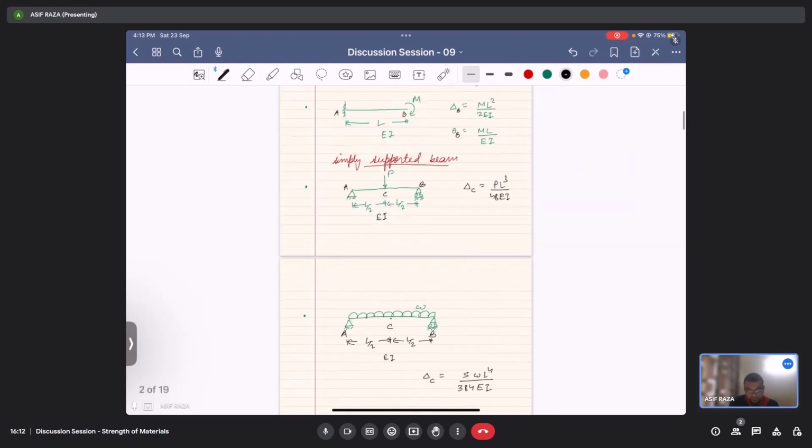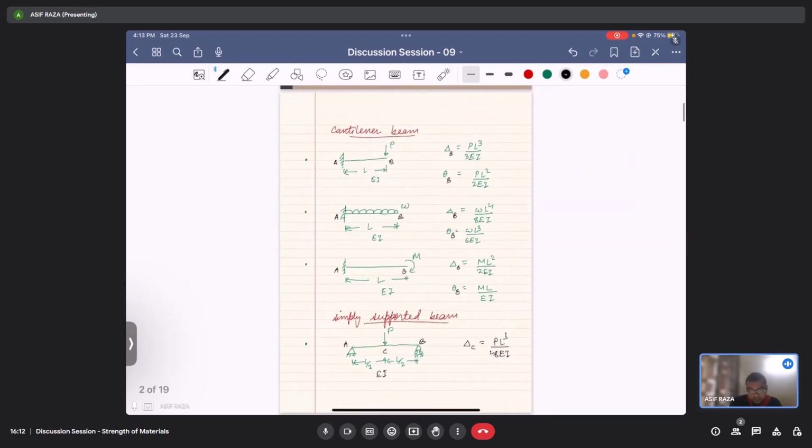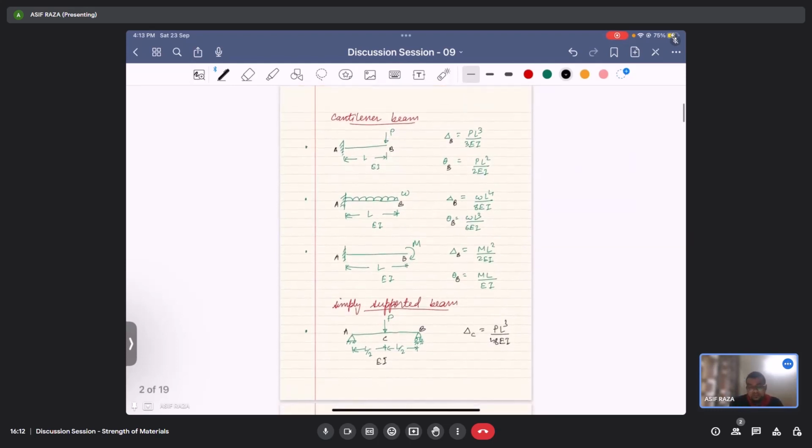If you see in all of these cases, deflection and slope are inversely proportional to the flexural rigidity EI, and directly proportional to the span length.